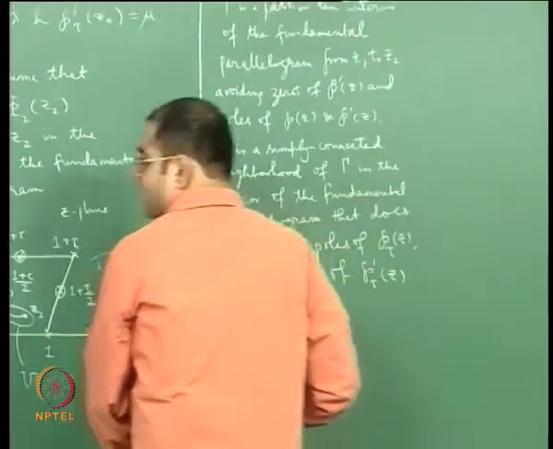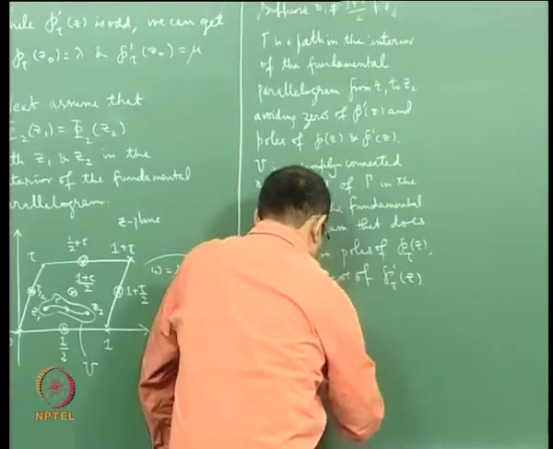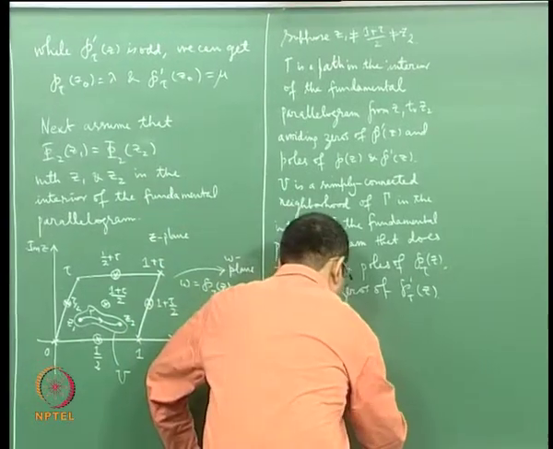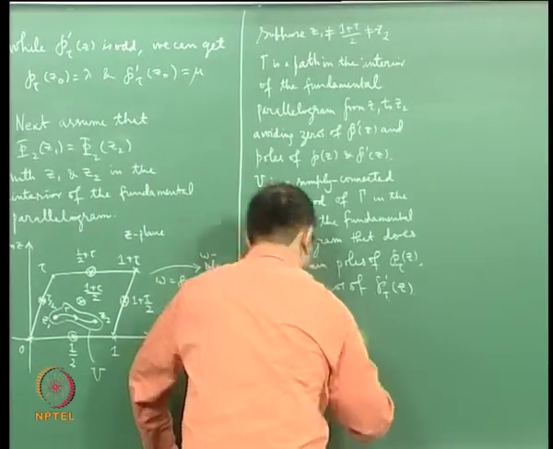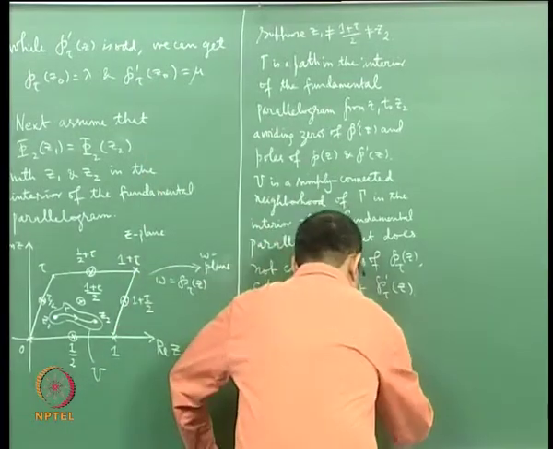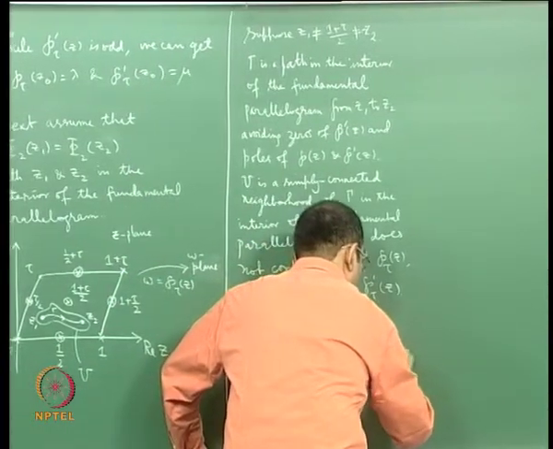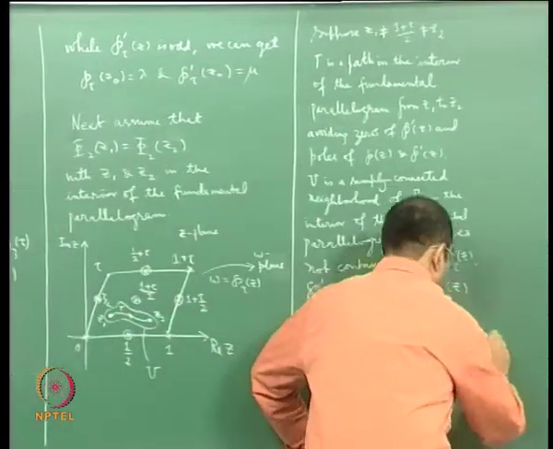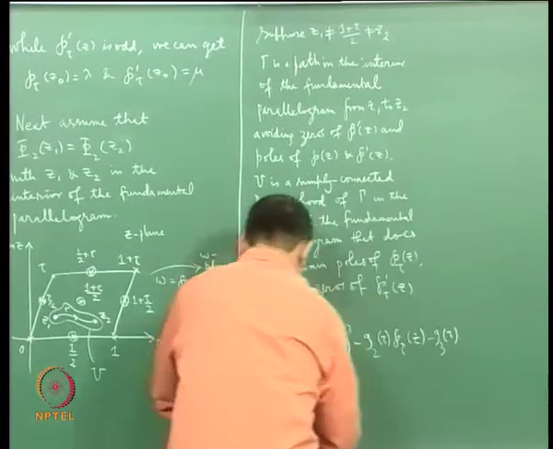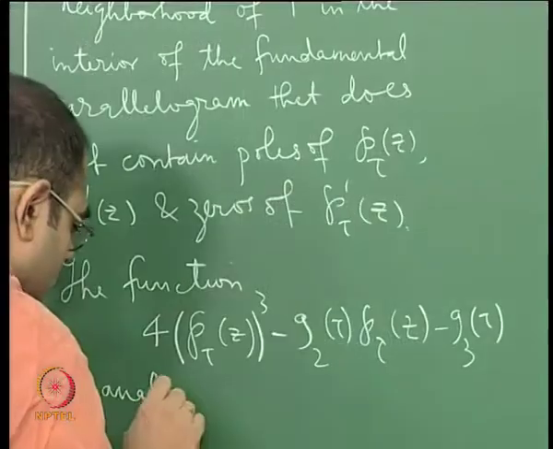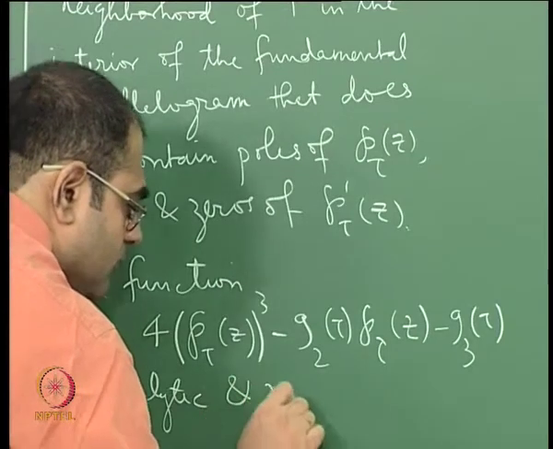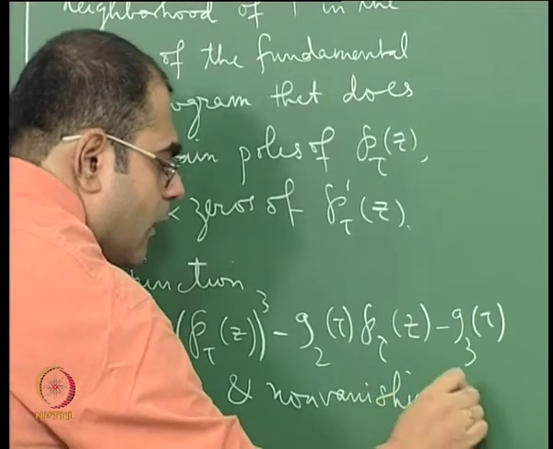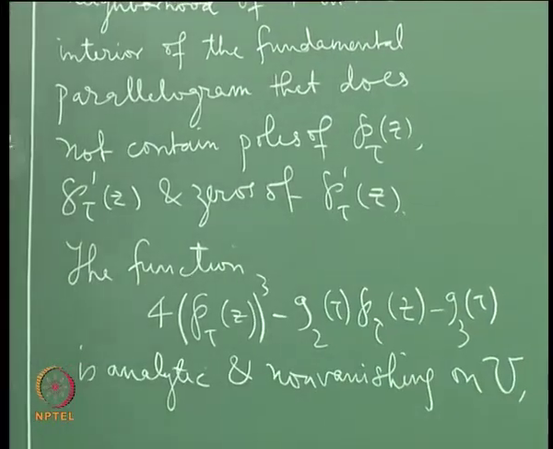So let me write that down. The function 4 times phi tau of Z cube minus g2 tau phi tau of Z minus g3 tau is analytic, that is holomorphic and non-vanishing on U, which is simply connected.